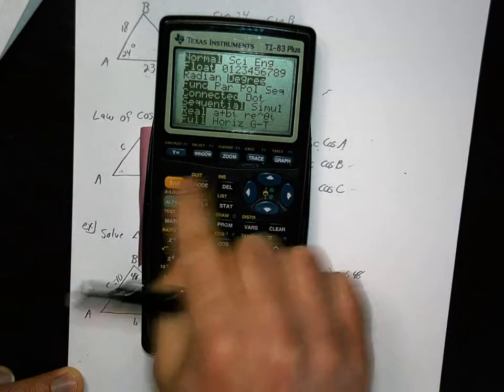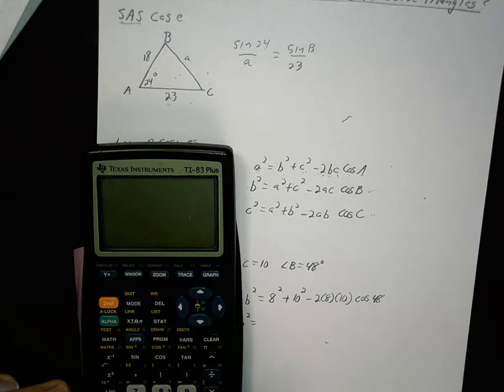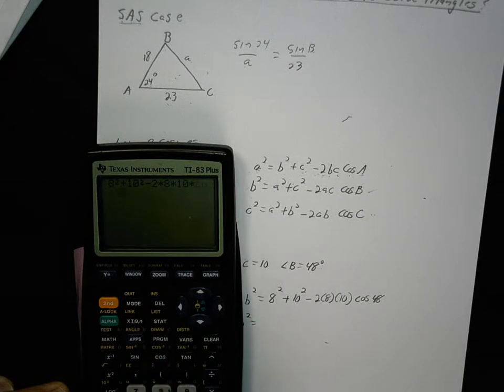I am. So I'm going 8 squared plus 10 squared minus 2 times 8 times 10 times the cosine of 48. I can enter all that in at once.